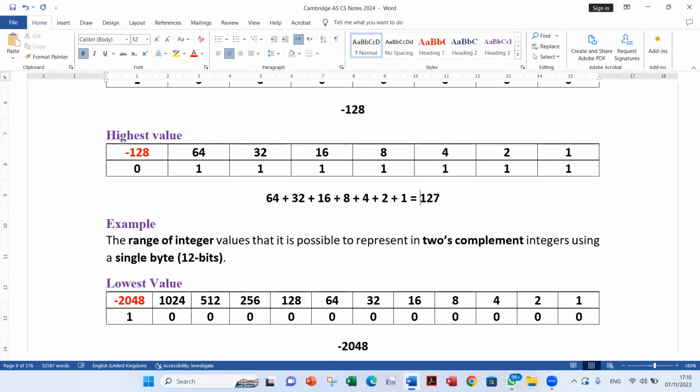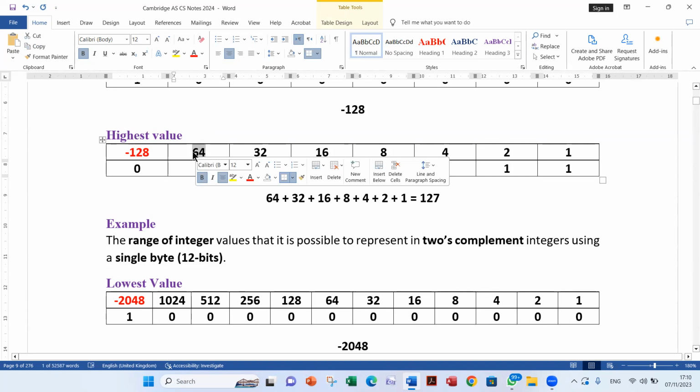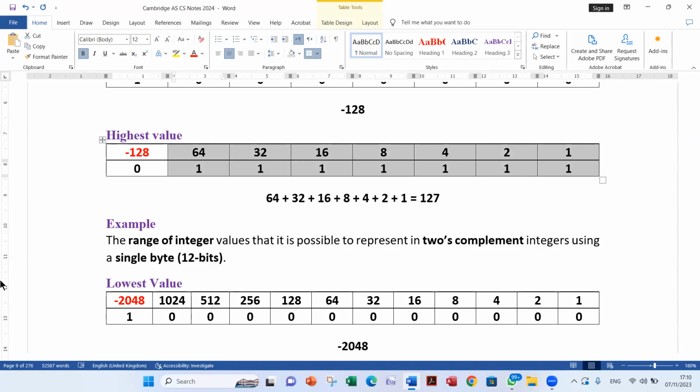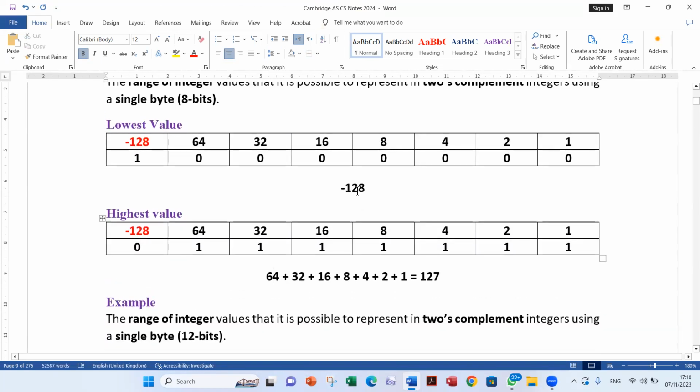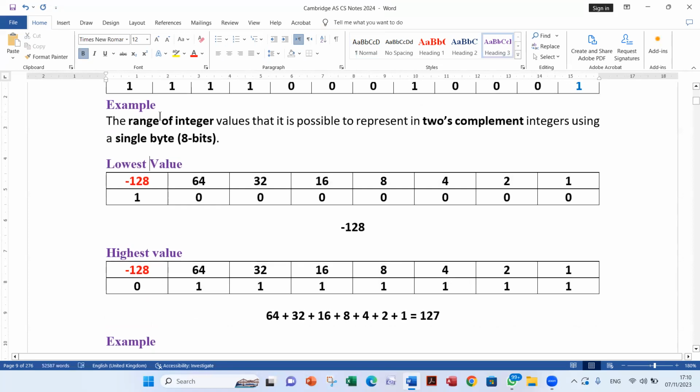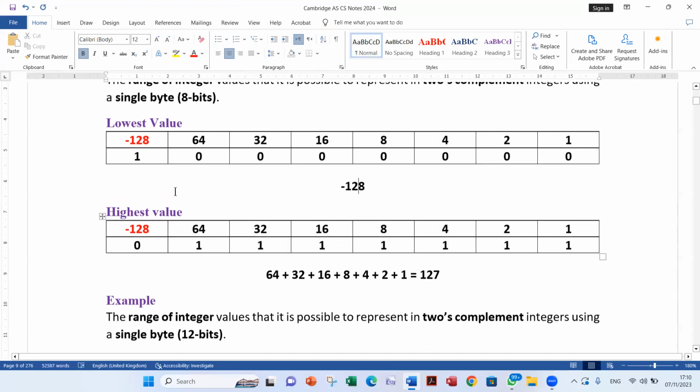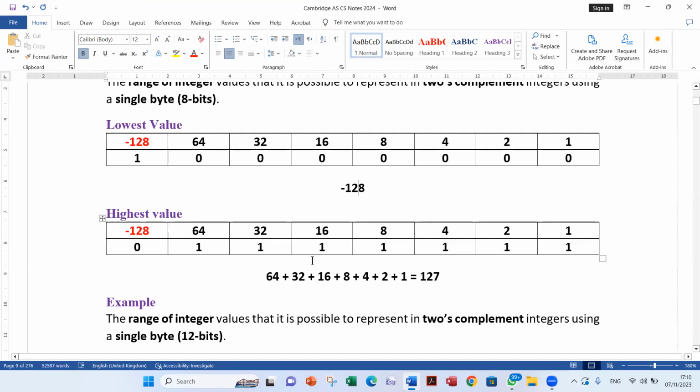You may just add them yourself, or you may say, this is 64, twice of it is 128, minus 1 is 127. It is as if you are storing data in only 7 bits, so it's 2 to the power of 7 minus 1. Okay, so this is the lowest value that can be stored in 8 bits two's complement, and this is the highest value.